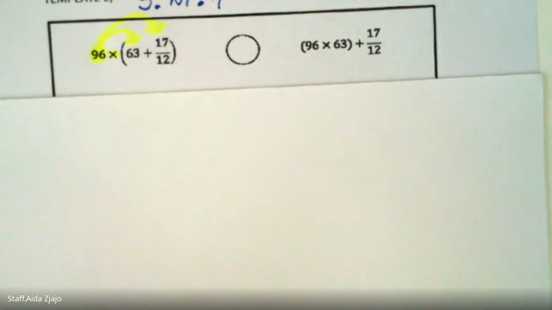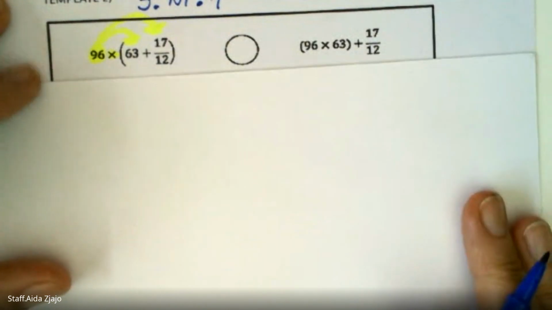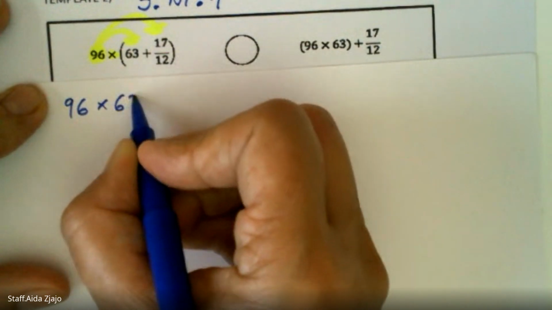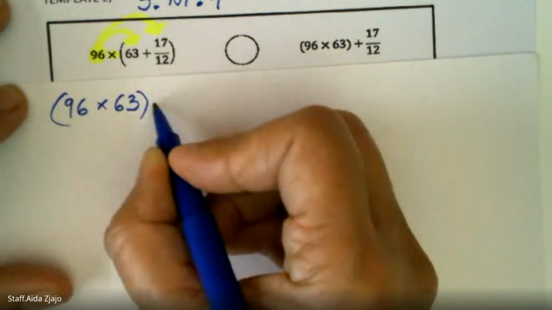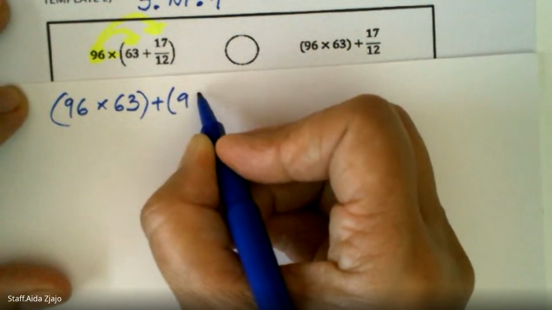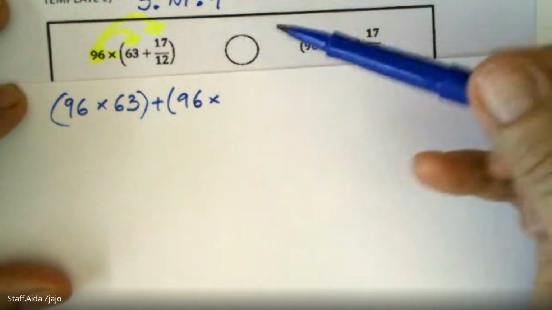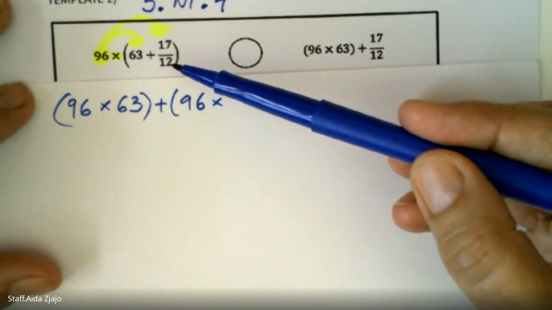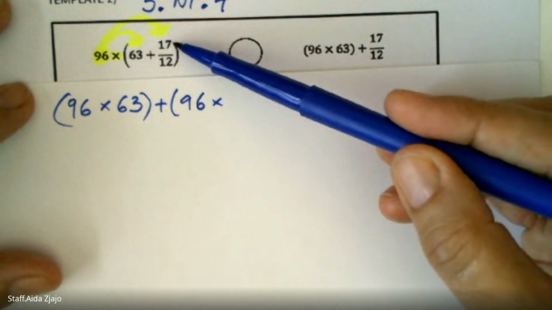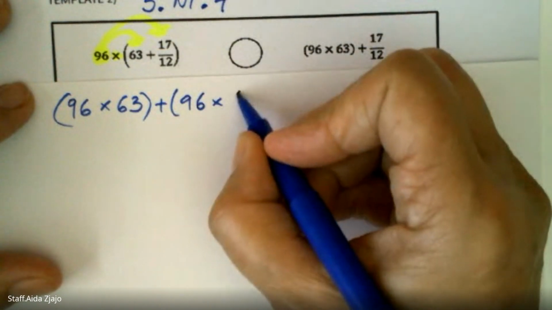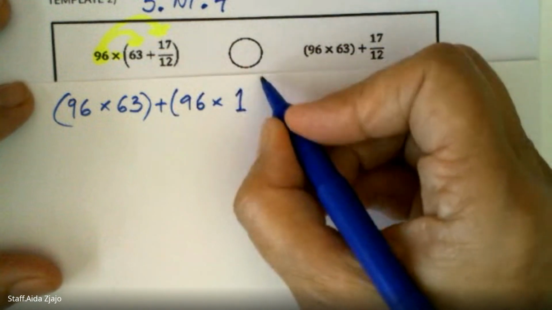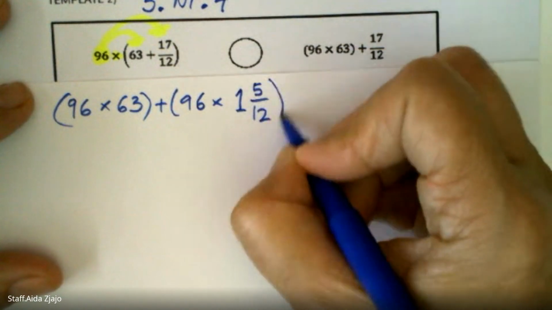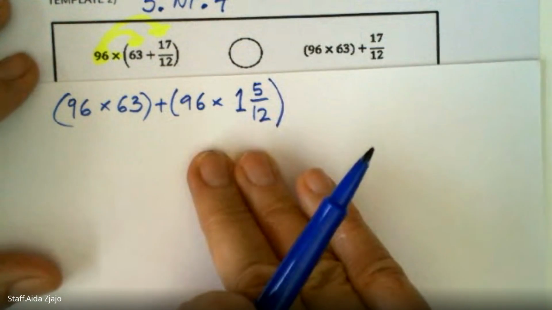So we can change this one to 96 times 63 plus 96 times, and we can think of this as 17 twelfths. 12 pieces makes a whole, so here you have one whole and 5 twelfths left.